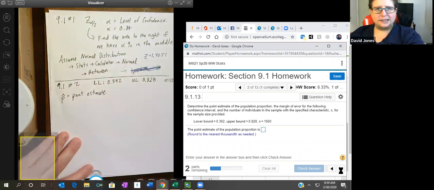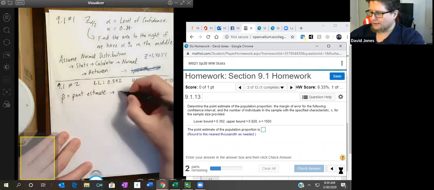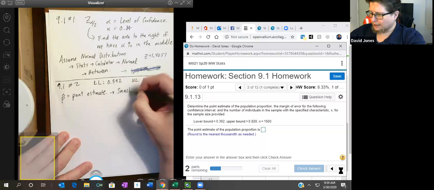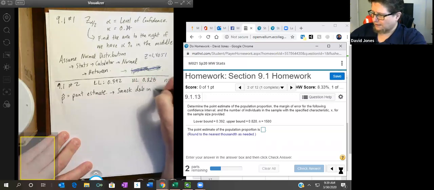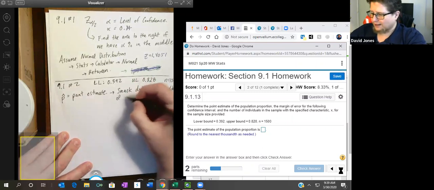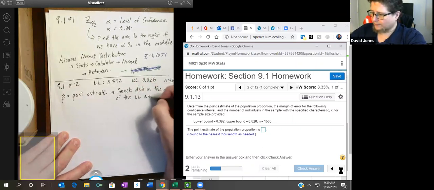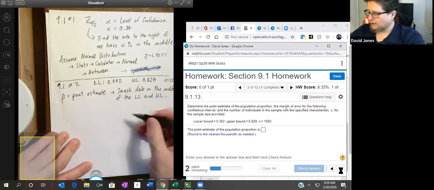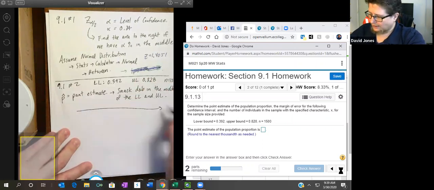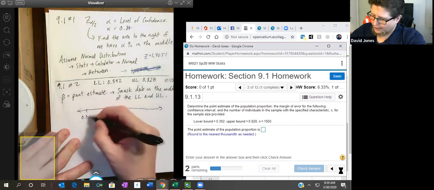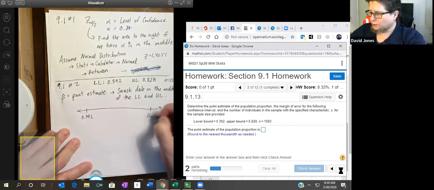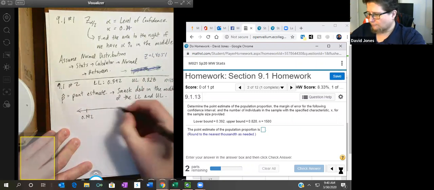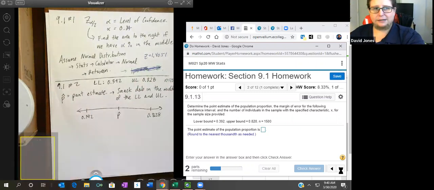And the way confidence intervals work is the point estimate is smack dab in the middle of the lower limit and upper limit. So if I've got a number line here, and I've got 0.392 over here, 0.828 over here, my P hat is right here, dead in the middle.